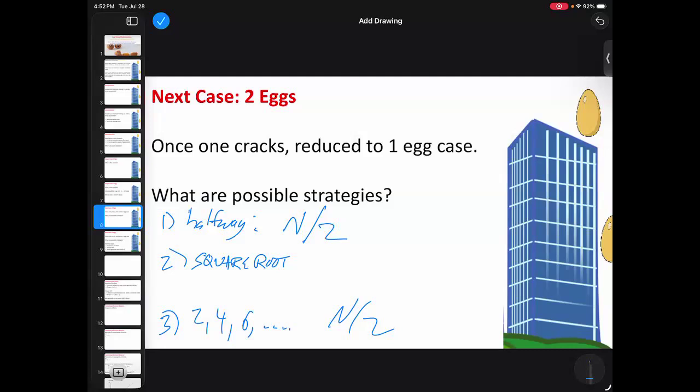The 2, 4, 6, 8 doesn't eliminate that many, but once it cracks, you're very localized. I think the maximum number of things you have to check is the same for both, though. They're basically the same up to plus or minus 1, and it might even be exactly the same. Given that it's 51 minutes, I don't want to worry too much about that. Both of them are going to be approximately n over 2.